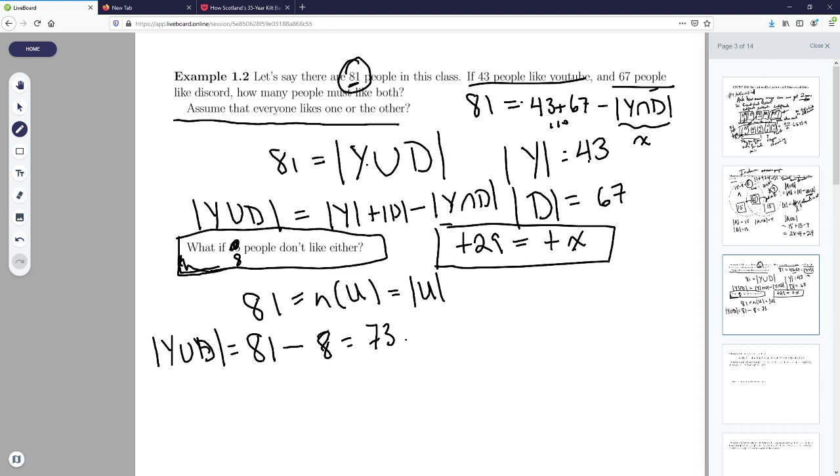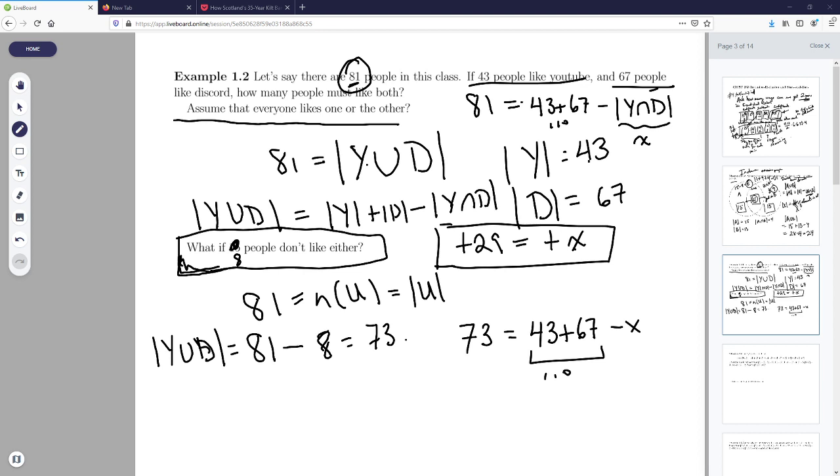Now if we do it, we'll see if this number even works out. 73 is equal to 43 plus 67 minus x. This is still 110 because I haven't changed this. So 110 minus 73 is 37.